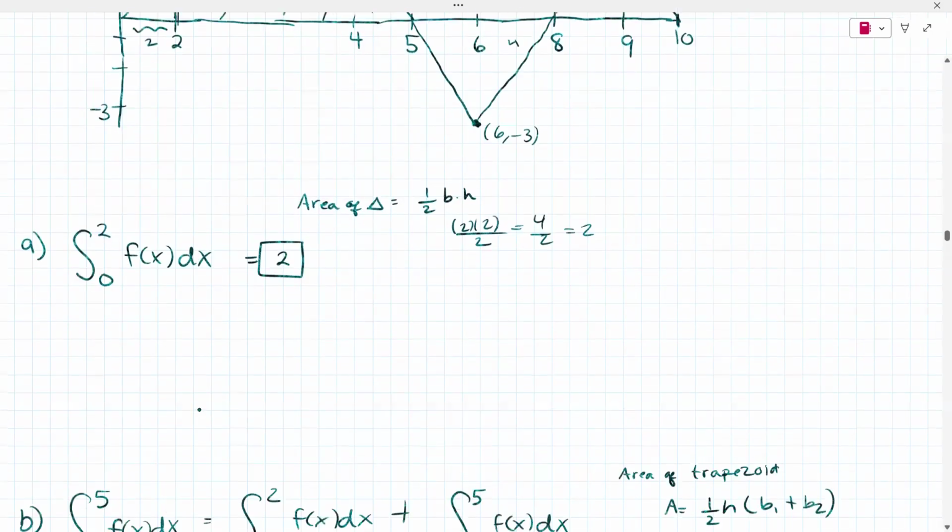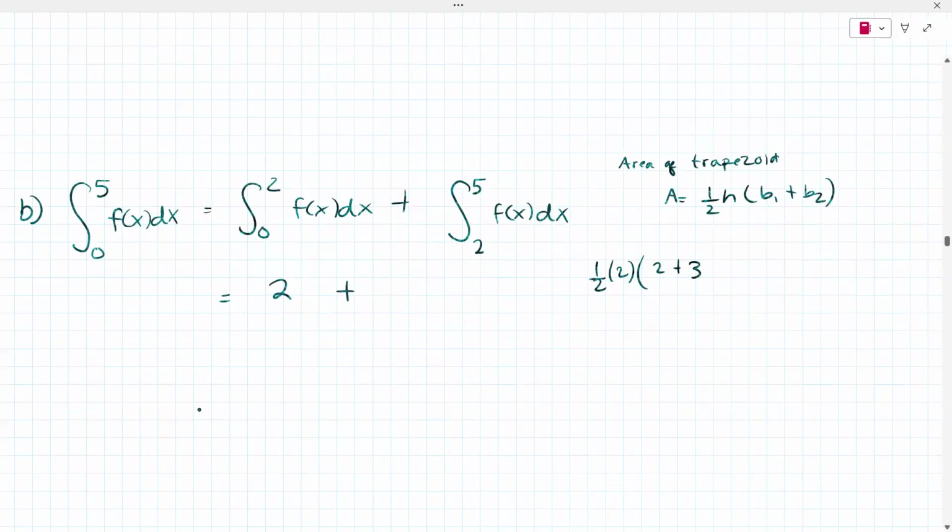And that gives you, so 1/2 times 2 is 1, and then 3 plus 2 is 5. So 2 plus 5 is 7. Okay.